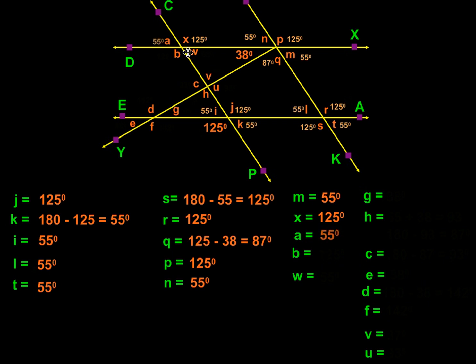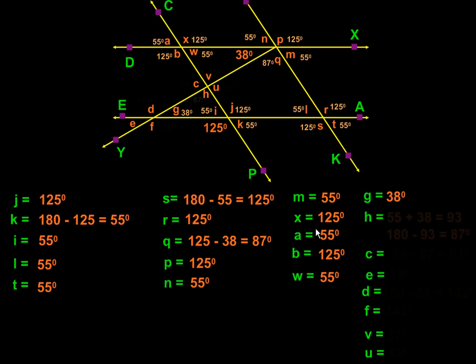B is a vertical angle to X, makes it 125. W is a vertical angle to A, makes it 55. G would have a value of 38. It is alternate interior angle to the 38 that we were given from the start.